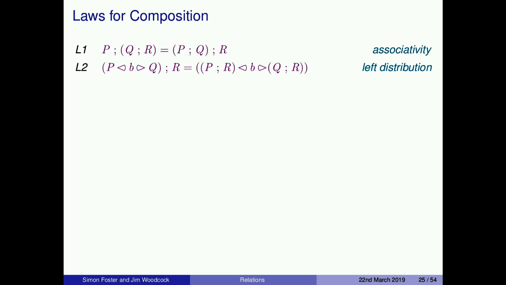Can anyone hazard a guess? Let me explain a little bit more about what this is doing. If I say, if B then P else Q, followed by R, well, I can just push this R into here on both sides, right? Because you're going to execute R whatever happens, so you can push it into both the if and the else branch. Is it true the other way, Jakub?